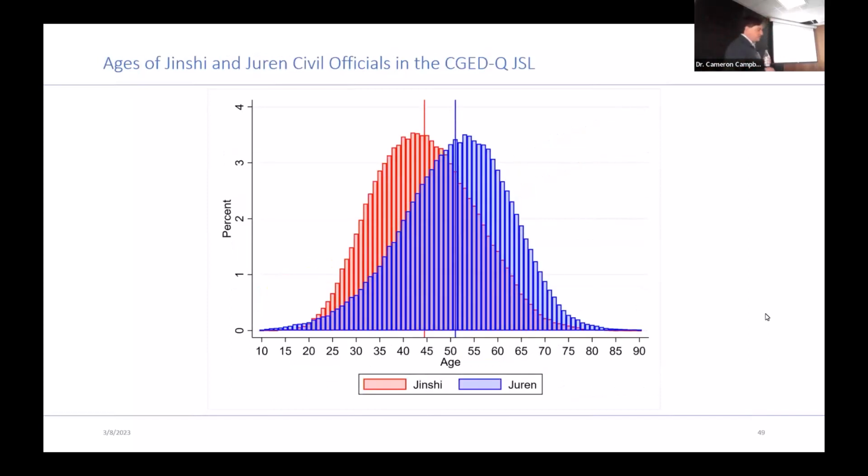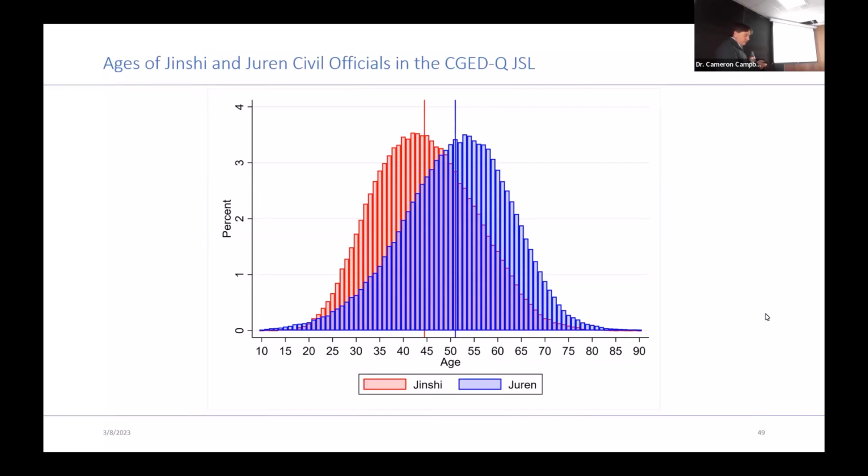We can also do age distributions. It turns out that the holders of the metropolitan degree, the Jinshi, in government service were actually younger than the holders of the provincial degree in service.